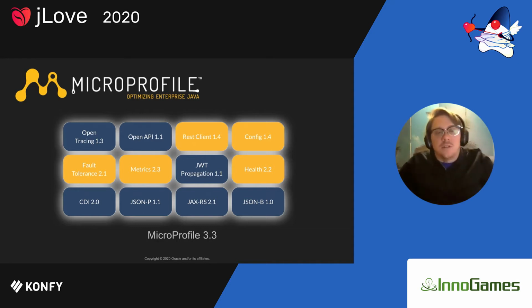JSON specifications like JSON-P and JSON-B. Historically, I just want to say that it all started out of three specifications: JSON-P, CDI, and JAX-RS. As you see, there are more now, and they are all there to help you with your microservices living in the clouds.